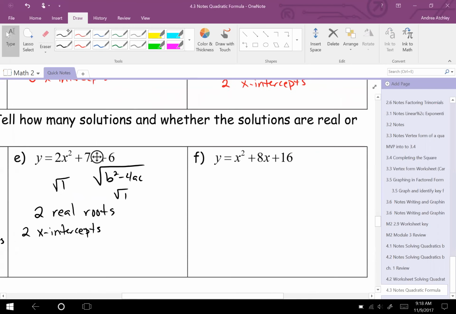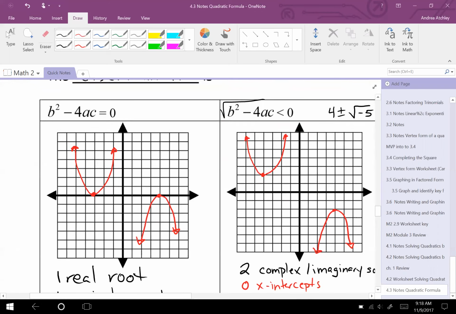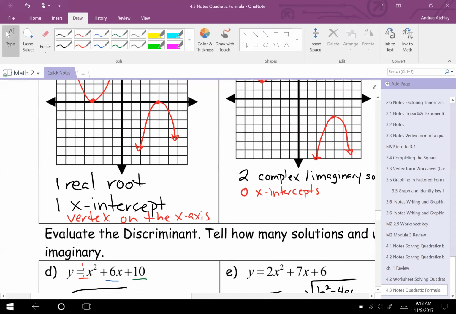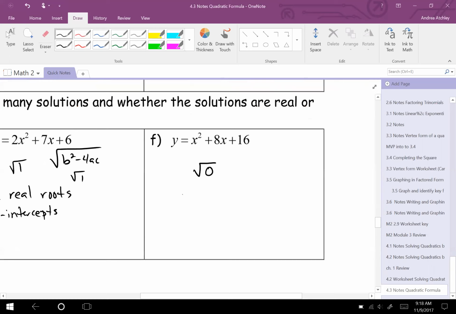Okay, this one became the square root of 0, right? When you did the b squared minus 4ac, because you got 36 minus 36. And so that goes back up here. Since the b squared minus 4ac equals 0, you have one real root, one x-intercept. Okay, so again, you're going to picture the graph.